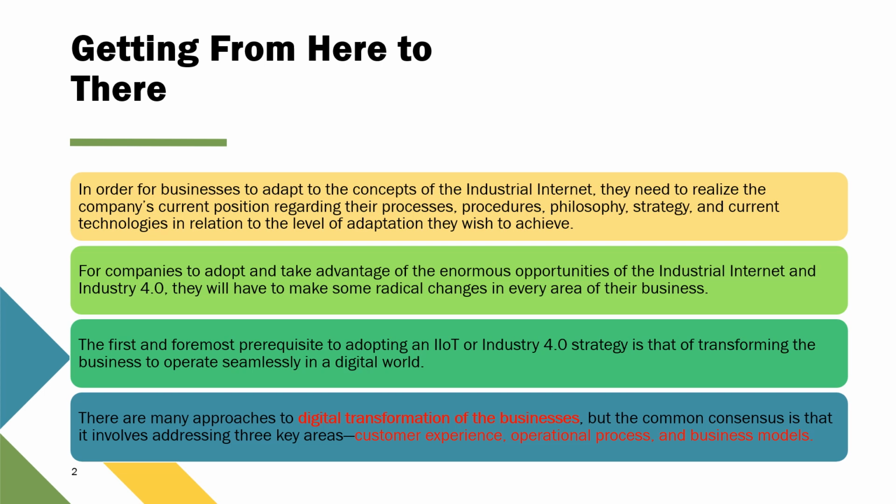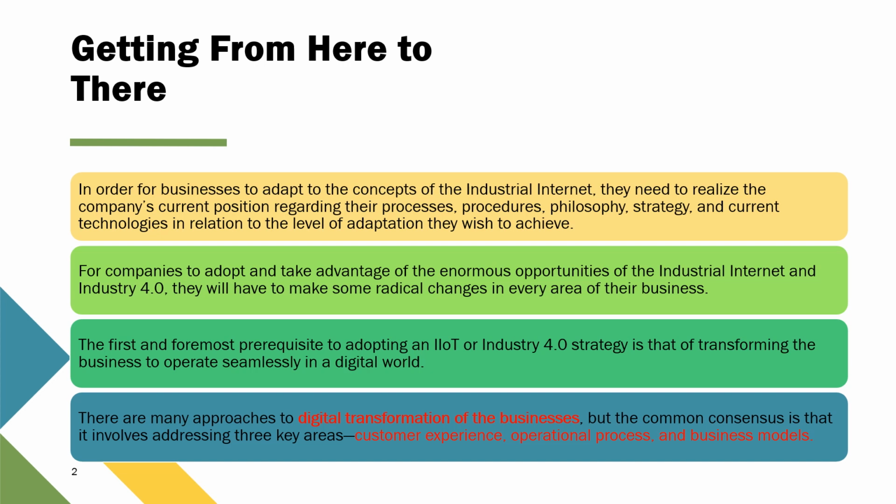The first and foremost prerequisite to adoption of IoT and Industry 4.0 strategy is that of transforming the business to operate seamlessly in a digital world. That's why the first thing that needs to be done by the industry overall around the world will be the digital transformation of the business.